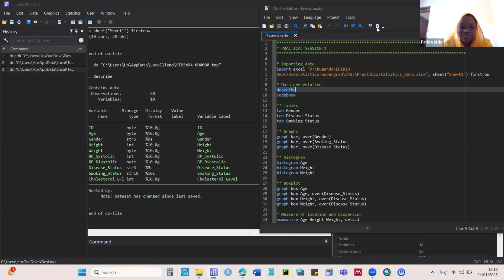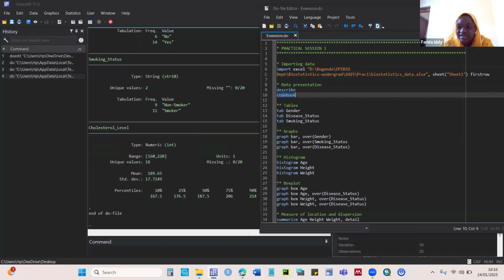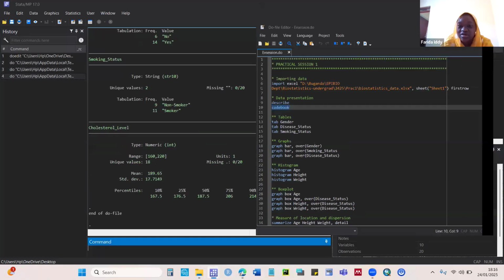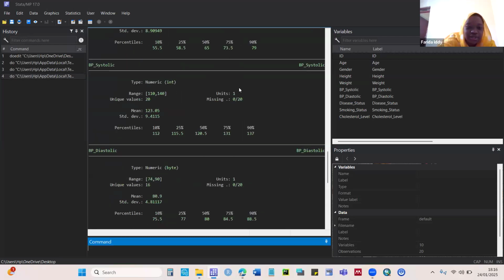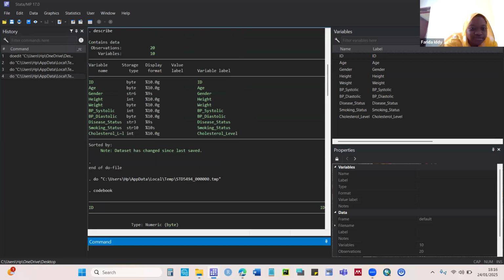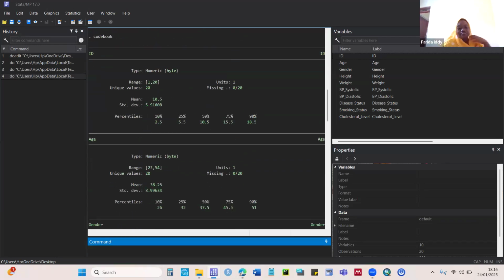Going forward to the codebook, we want to see which variable has missing values, etc. Here you can easily see that we have participant ID, but we don't have a missing value. And this is a unique identification. So we have 1 to 20.